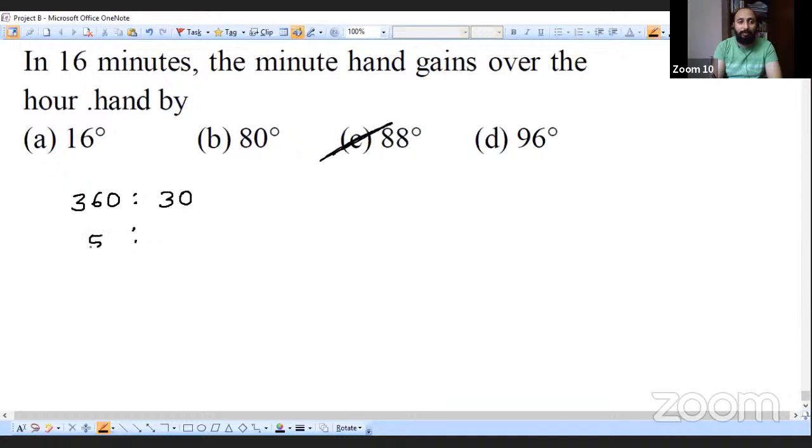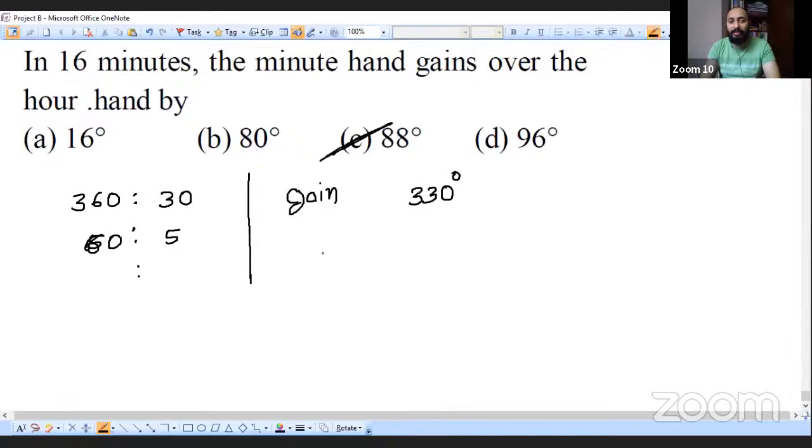It is 60 minutes here, and here it is 5 minutes. So what is the gain, brother? The overtaking is 330 degrees, right? The gain is 330 degrees.